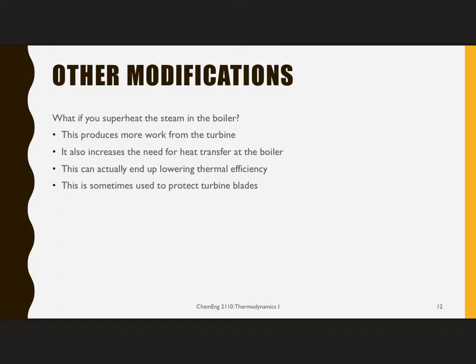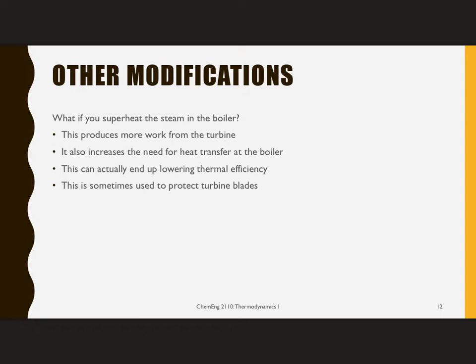The denominator in the thermal efficiency, right, it's net work over heat transfer at the boiler. The denominator tends to grow faster than the numerator, so you actually lower the thermal efficiency. People do this, however, but the reason is not to increase efficiency. The reason typically is to protect turbine blades.